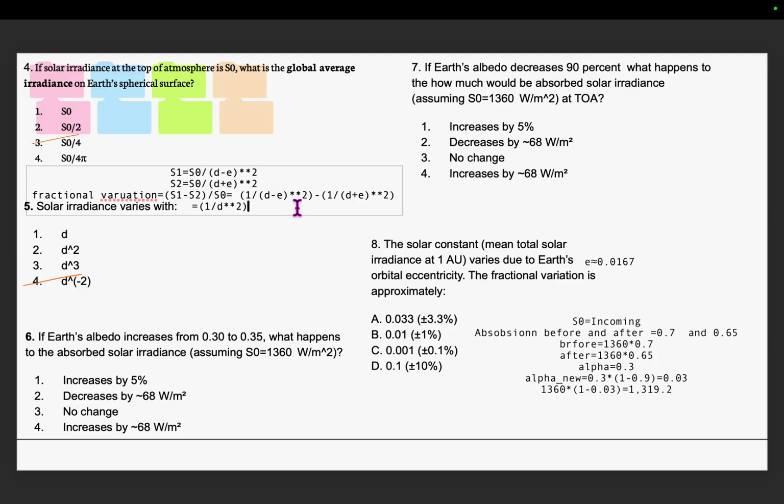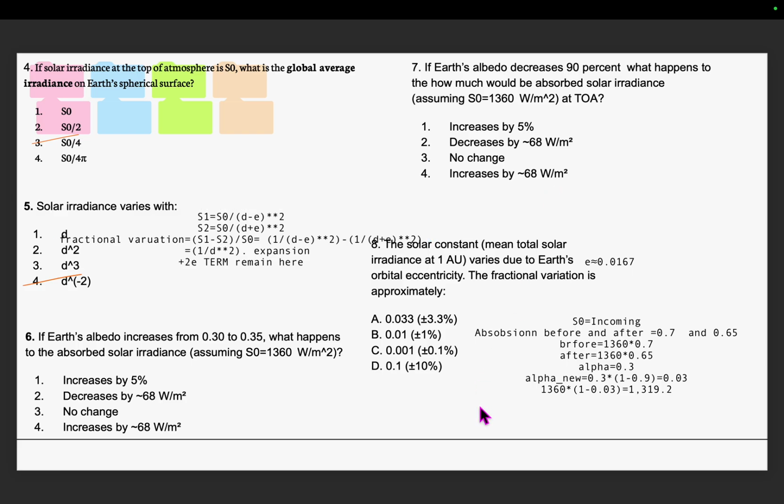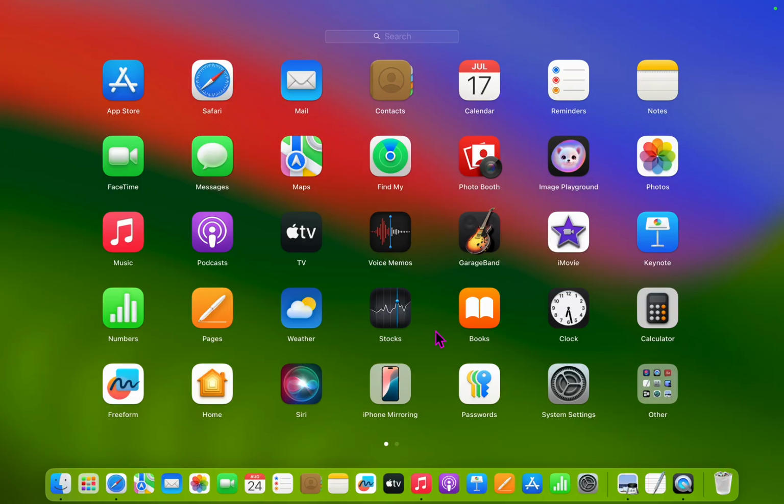You have to expand 1 by d minus e square minus 1 by d plus e square, then you can find that there is a plus 2e expansion, and a minus 2e expansion, and plus 2e term remains here. So the fractional variation of the solar constant will be plus minus 2e here.